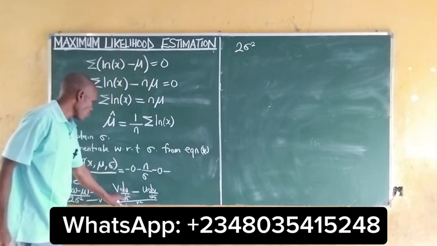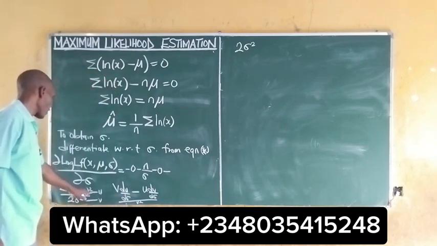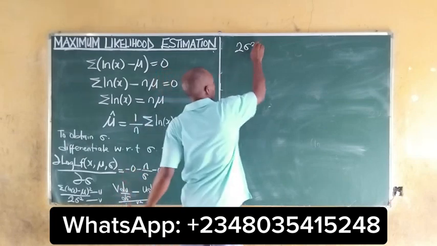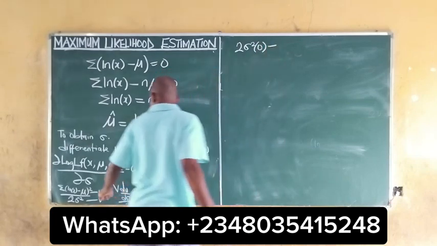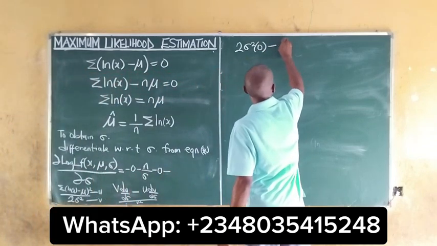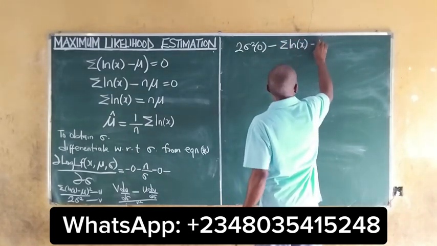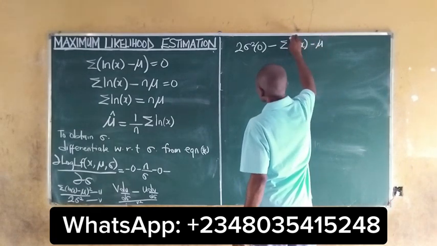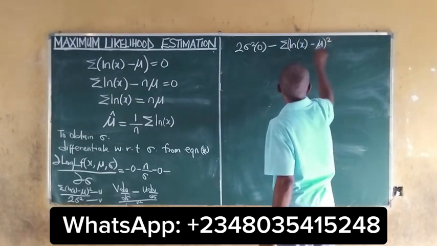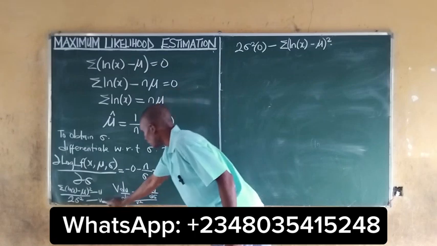So here we have the du all over d sigma. Since there is no function of sigma here, we have 0 minus, here we have u. We bring down our u, which is the summation of (x minus mean) all squared, multiplied by dv all over d sigma.